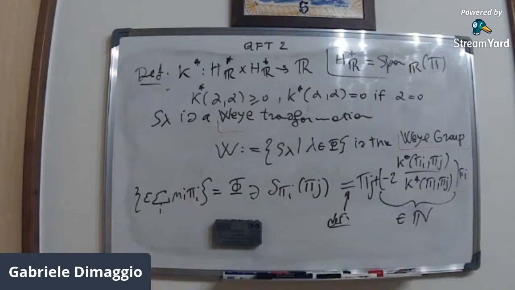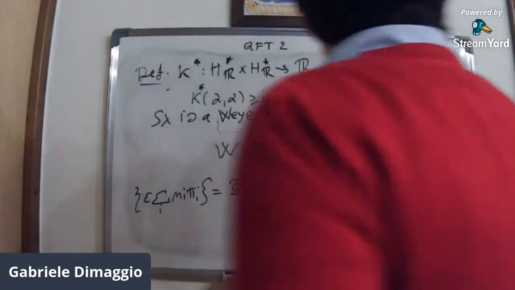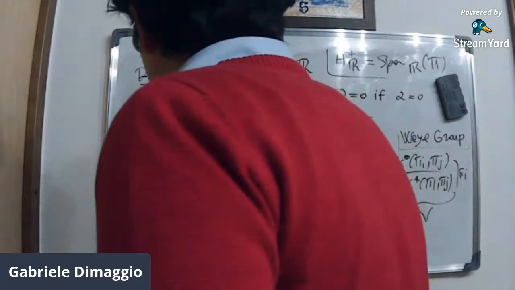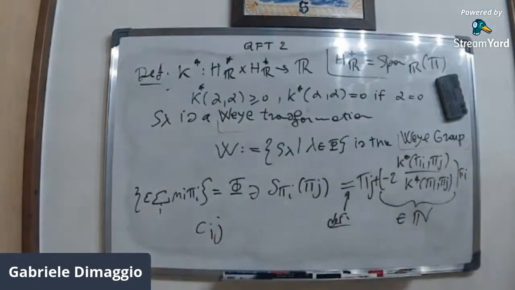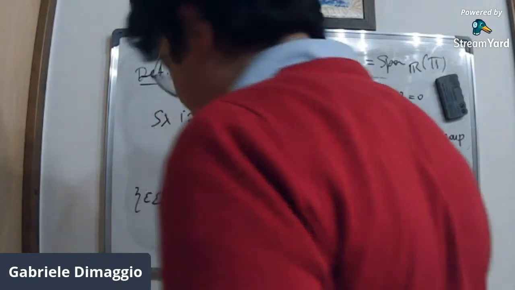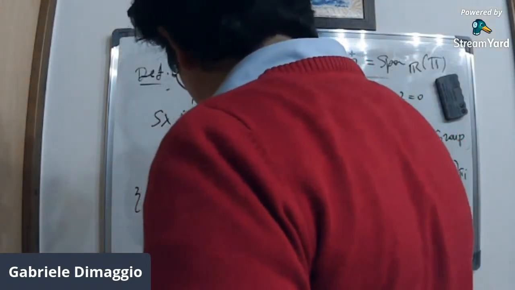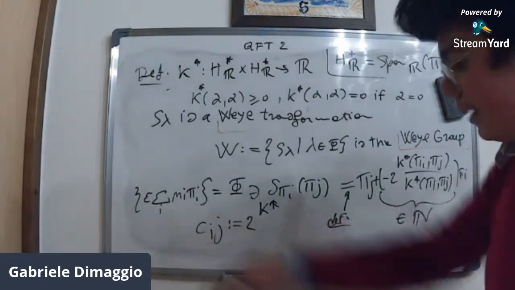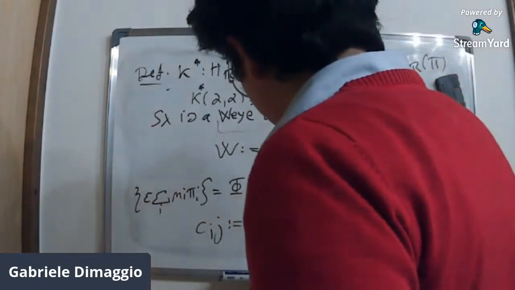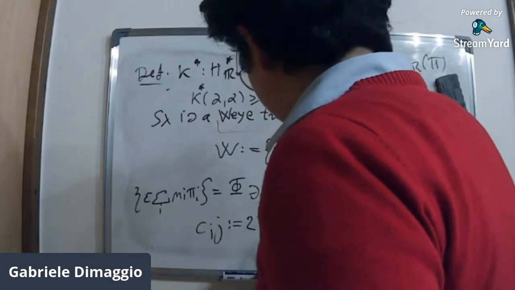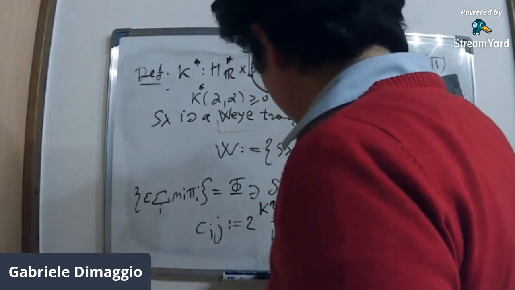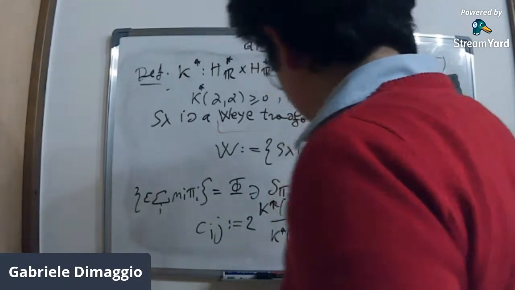Perfect. Now we can define the Cartan matrix: C_ij is equal to 2 times the dual Killing form of pi_i, pi_j over the Killing form of pi_i.